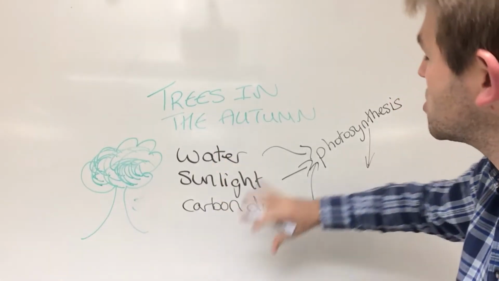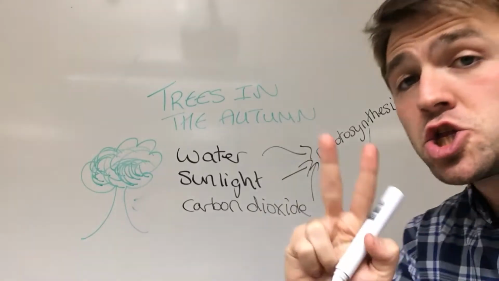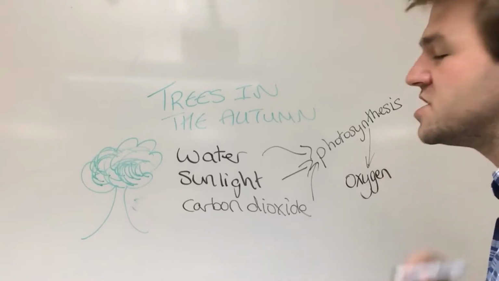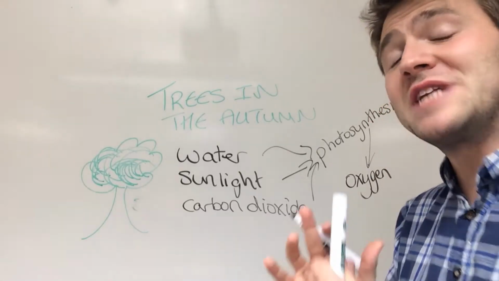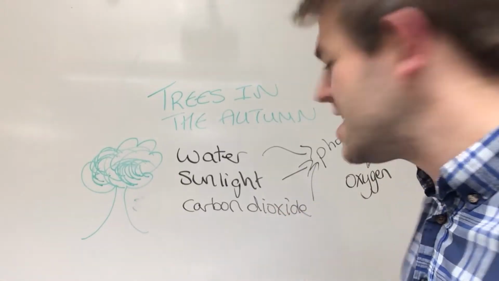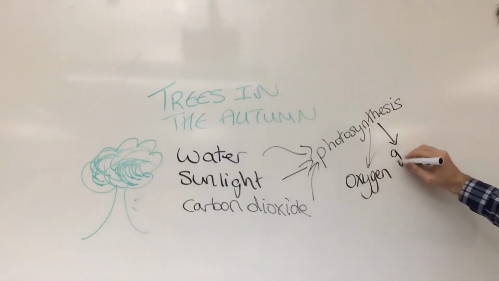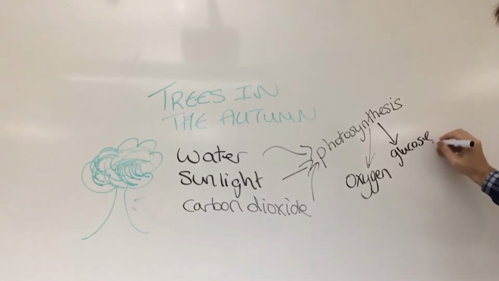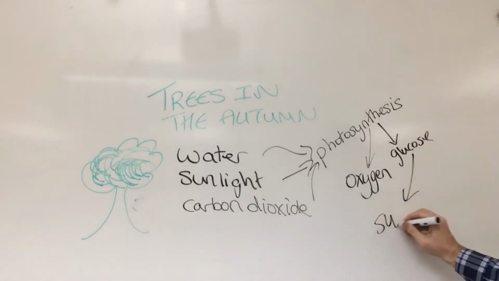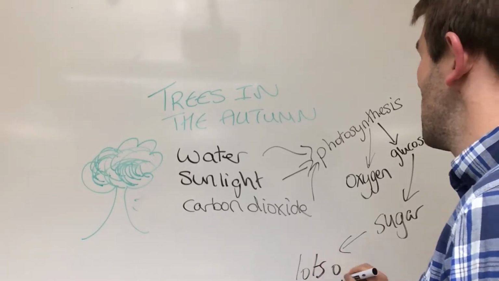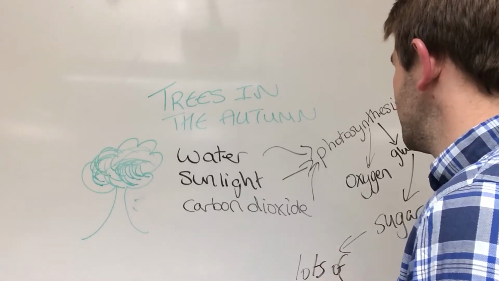These three things come together and they make two things. One is oxygen. See it there. Oxygen leaves. Oxygen goes out. The plant doesn't really need it. The plant does need, and you can see that's good, something called glucose. This is a sugar and it has lots of energy.